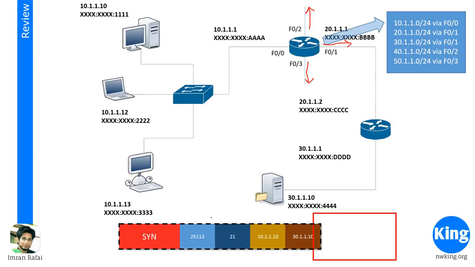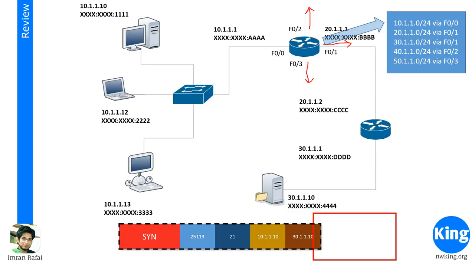Whenever any port is connected, like for instance in this case, F0/0 is configured with the IP address 10.1.1.1. That means it is connected to the 10.1.1.0/24 network, right?